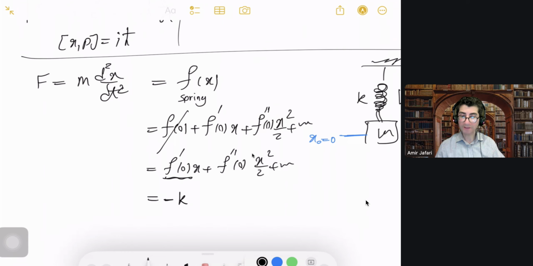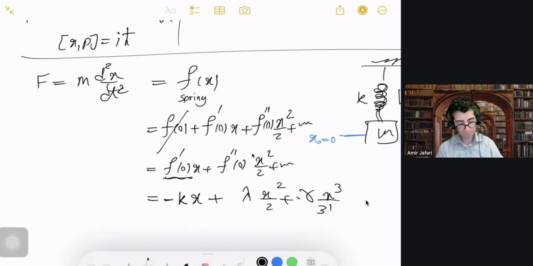You put a negative sign in order to take into account the restoring nature of this force. Plus some constant here, and maybe something like this, higher order terms.